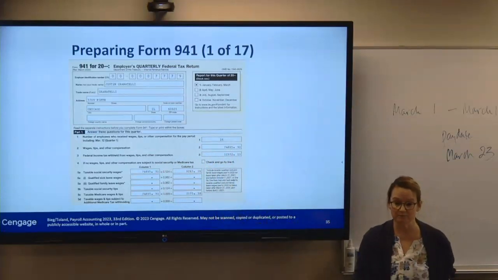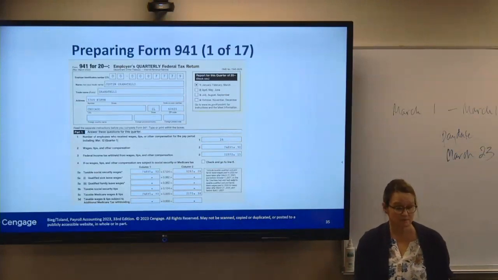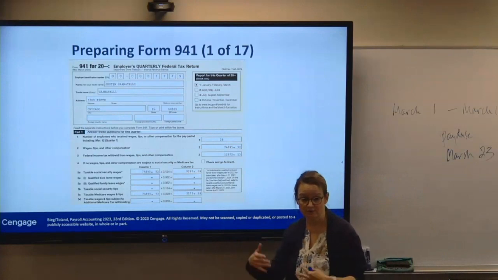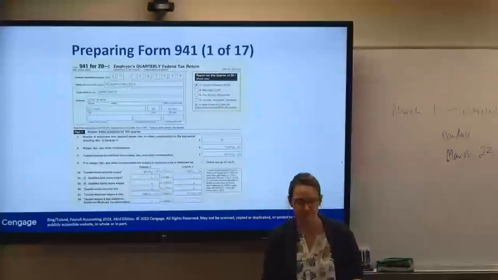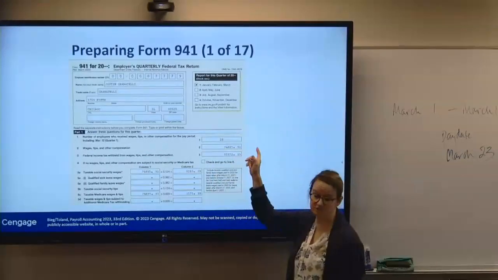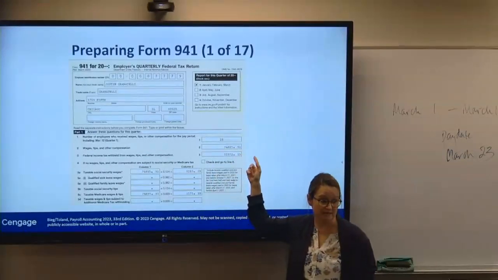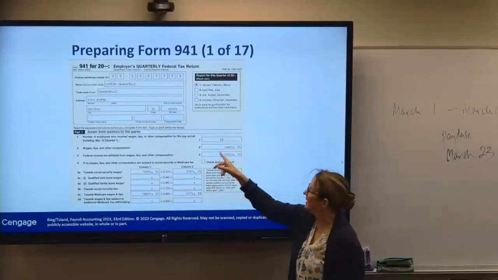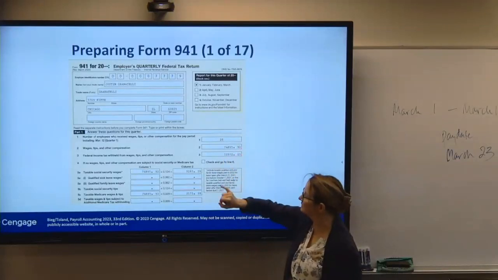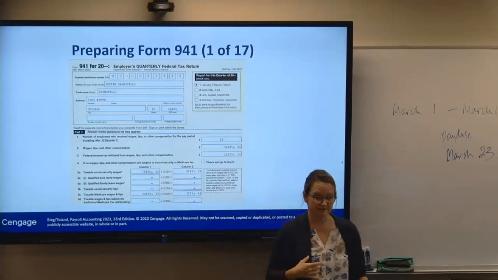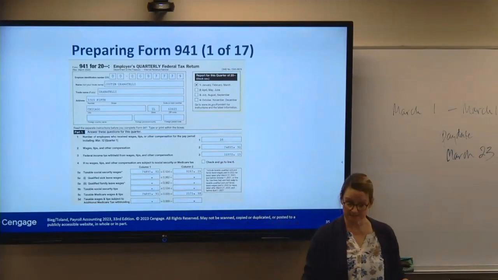For example, if you've got employees who have reached that Social Security wage base, those wages over and above that 147 are no longer subject to Social Security tax, but those wages are still subject to income tax. So in that instance, you would have a difference between what's on line 2 and what's on line 5A, right? Does that make sense?